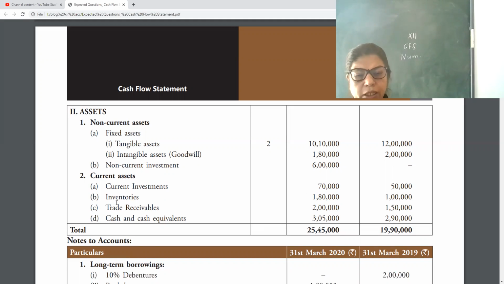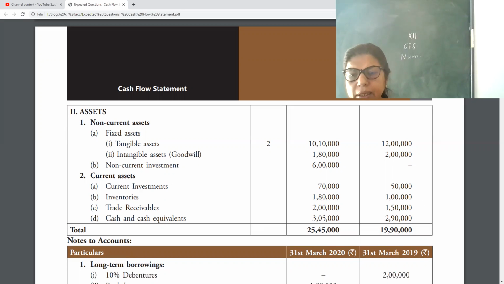Now see inventory. The previous year's inventory is 1 lakh. The current year's inventory is 1 lakh 80,000. Inventory is a current asset, and the current asset is increasing.